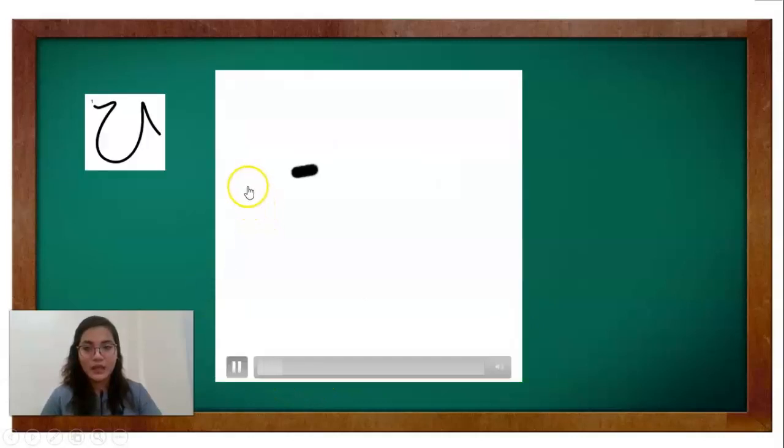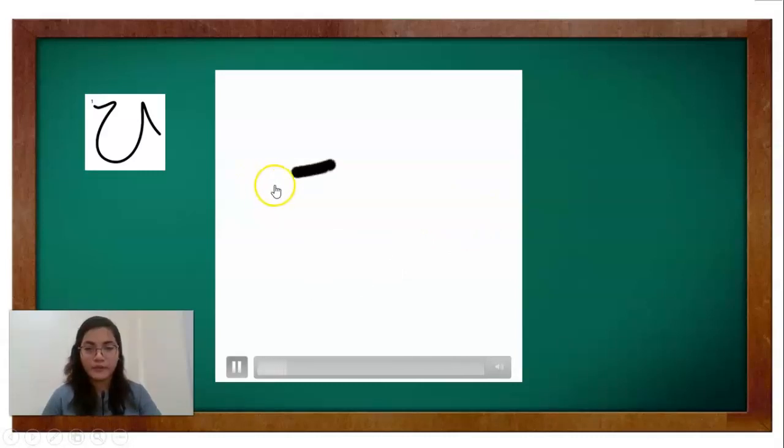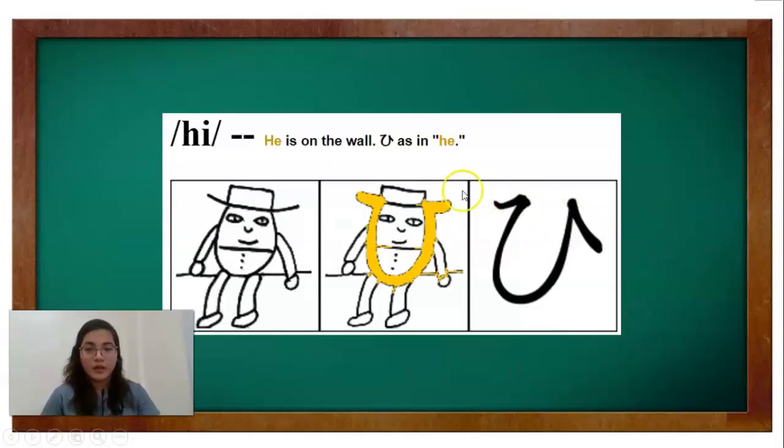Okay, next up is hi. Hi has 1 stroke like this. 1. Okay, again, let's try it. 1. To easily remember this character, think hi as in he.